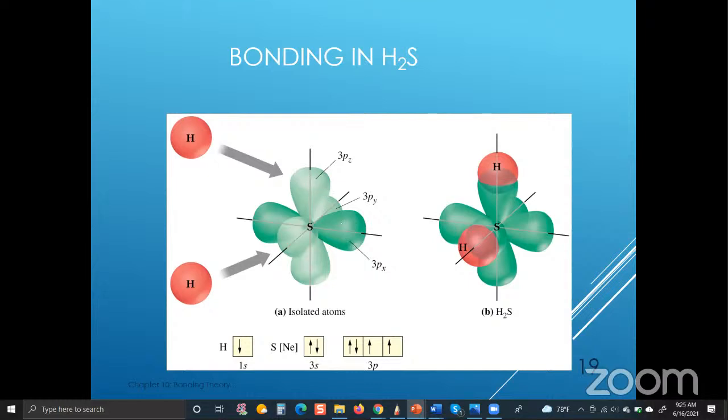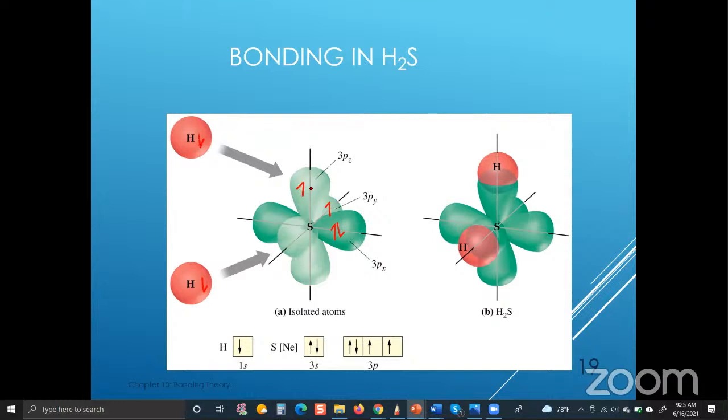In fact, let me draw them here. So the 3p orbital will have 2 electrons spinning in opposite directions. The 3pz will have 1 electron, and the 3py will have 1 electron. And as far as the hydrogen atoms are concerned, they will have 1s orbital and therefore 1 electron occupying it. And these electrons must be spinning in opposite directions compared to the electrons of the orbitals they're about to overlap.